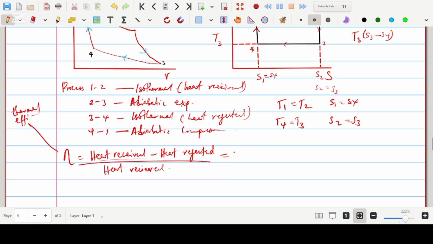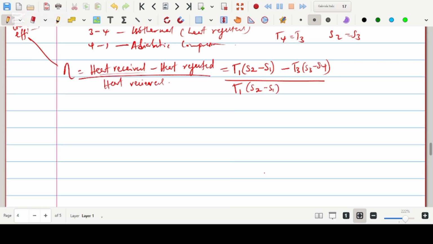Heat received is T1(S2 minus S1), minus T3(S3 minus S4), over heat received, that is T1(S2 minus S1).